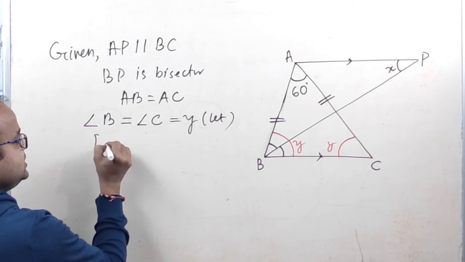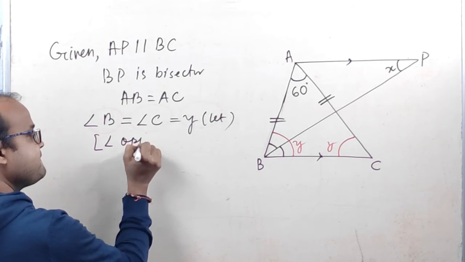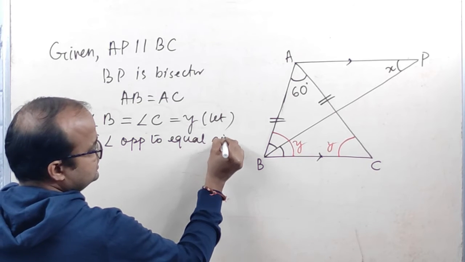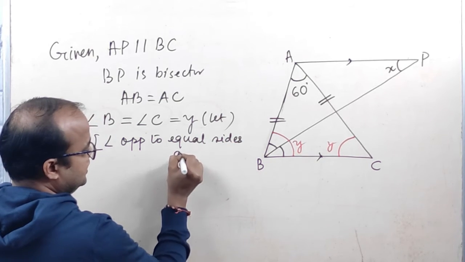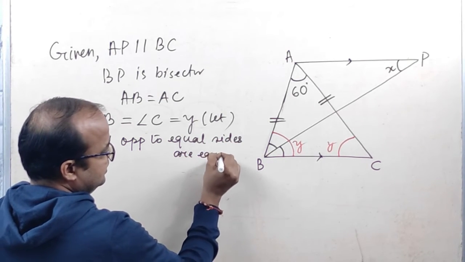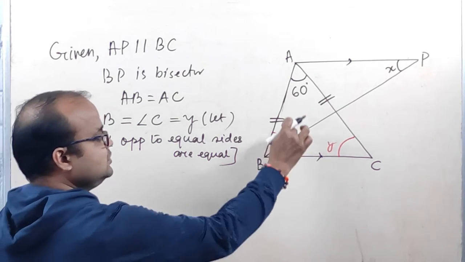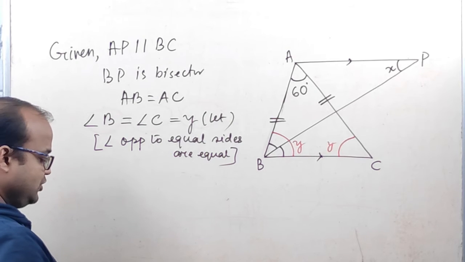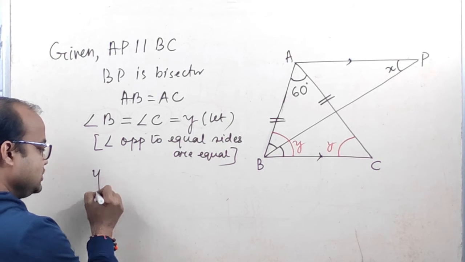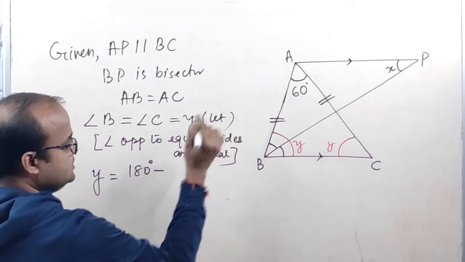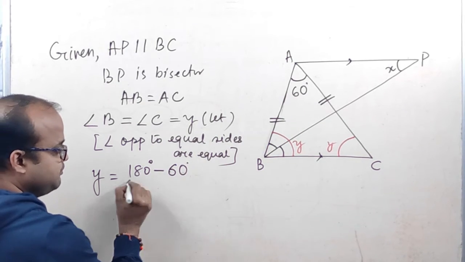And the reason is angle opposite to equal sides are equal. So first we find out the value of Y. So Y equals 180 degree minus 60, by 2.